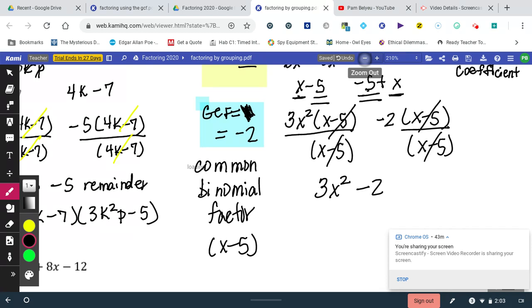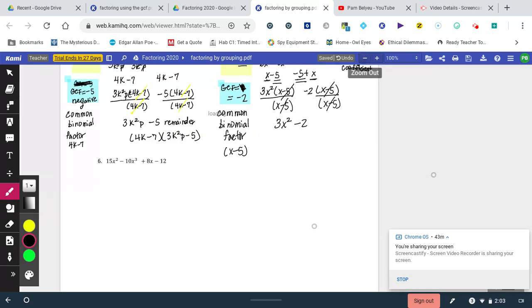So in factor form, it's going to be x minus 5 times 3x squared minus 2.